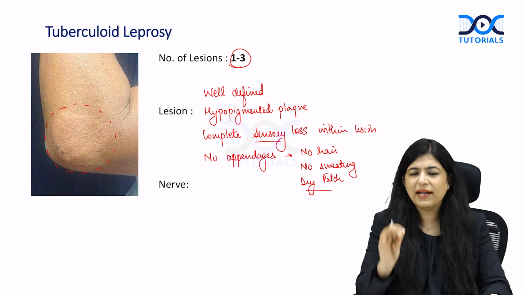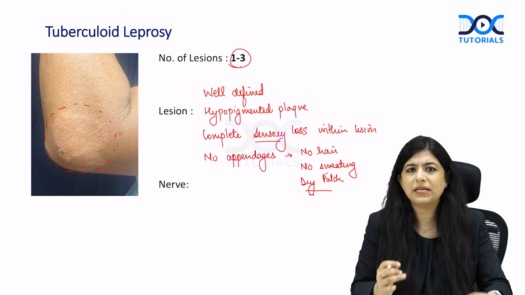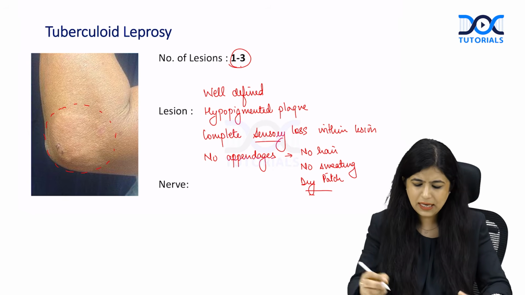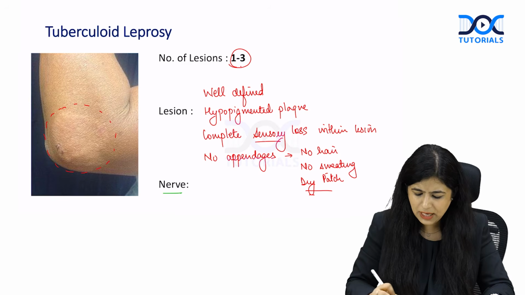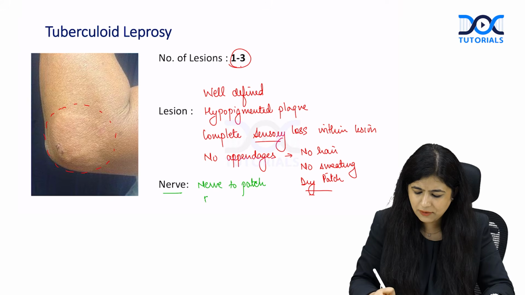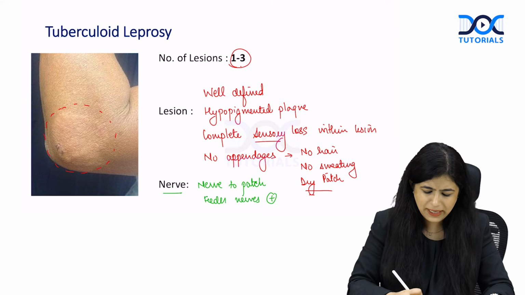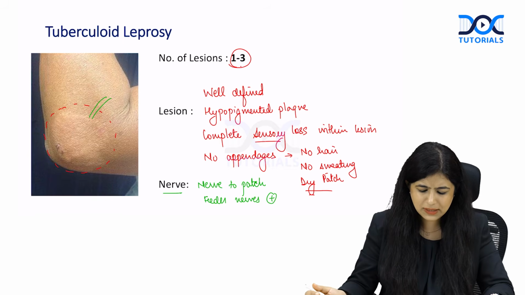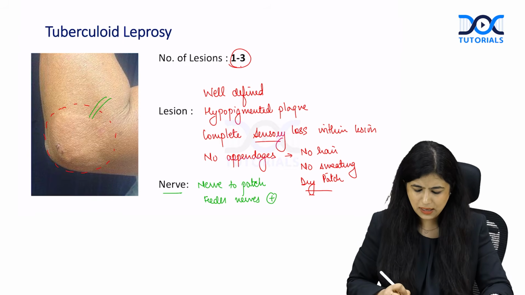Okay, so the granulomas that are formed to kill the bacteria, they kill the nerve, they kill the appendages. Now, what about nerve enlargement? You may have a nerve to patch or a feeder nerve, which is enlarged here. So there might be a nerve here which is coming towards this lesion that may be enlarged.